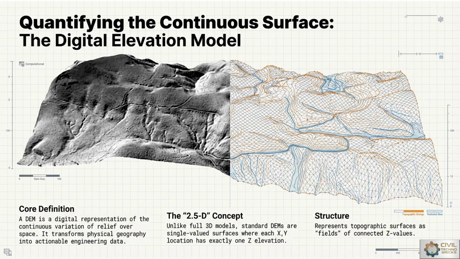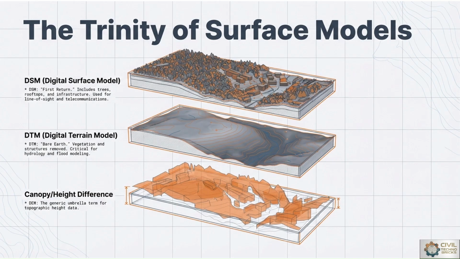The structure represents topographic features or surfaces as fields of connected z values, that is with reference to the elevation. So each and every coordinate which has the xy coordinate is related to the z, that is elevation.